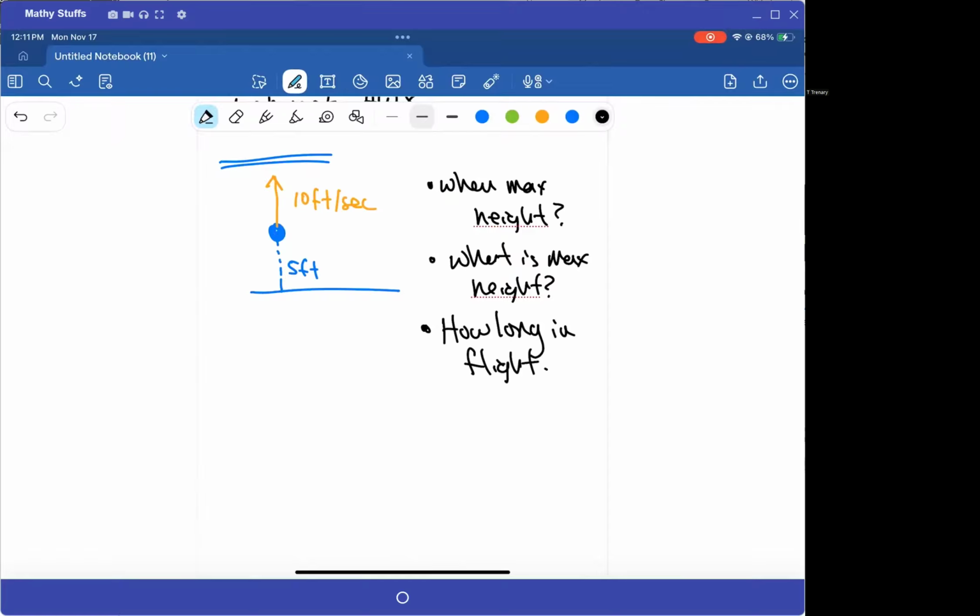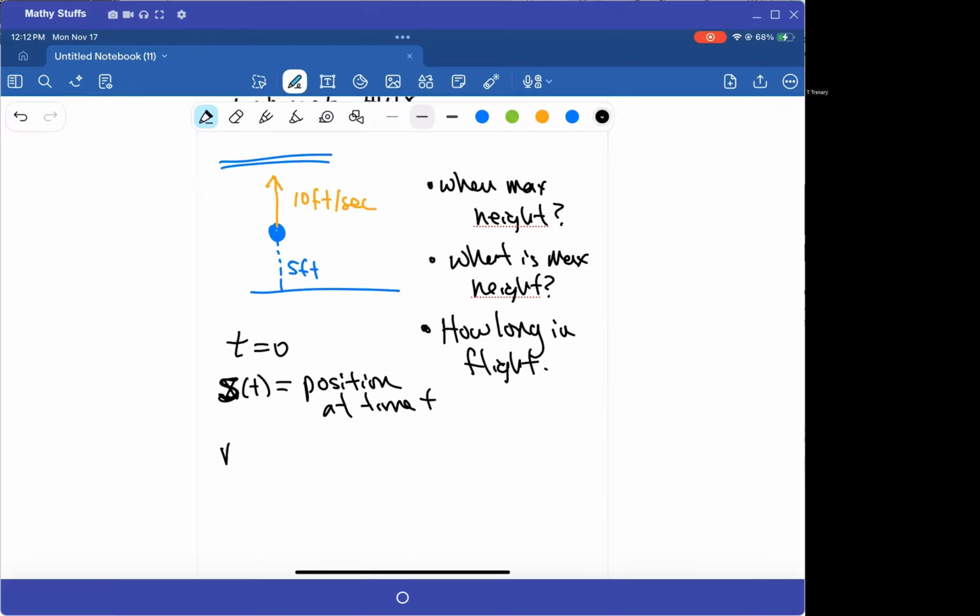Let's set up some things. We're going to assume that time is zero at the moment the ball is released upward. We're going to let s of t equal its position, or height, at time t.